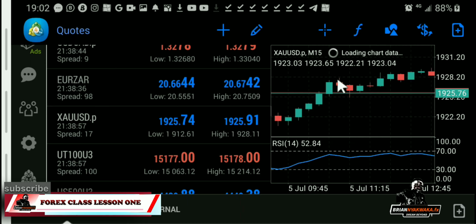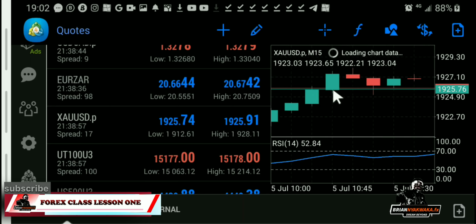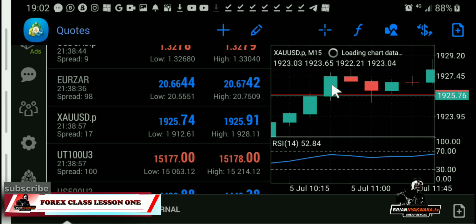For example, when you look at this green candlestick, I told you this green candlestick is a bullish candlestick. We have two major types of candlesticks, and we have the anatomy of a candlestick. The green rectangular part represents the body. This is a body of a candlestick, and you can see the upper protruding and the lower one.